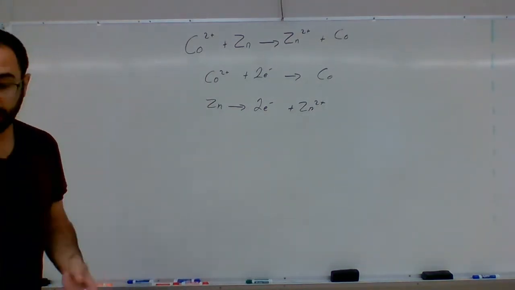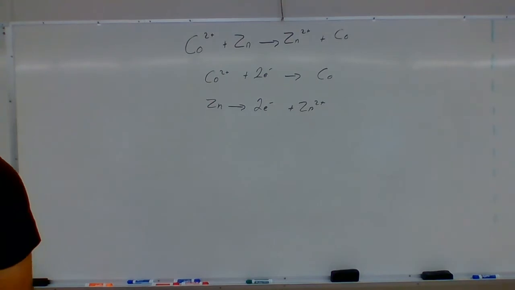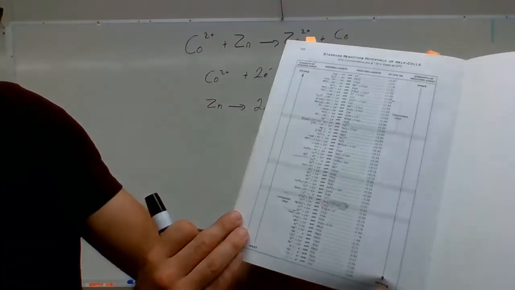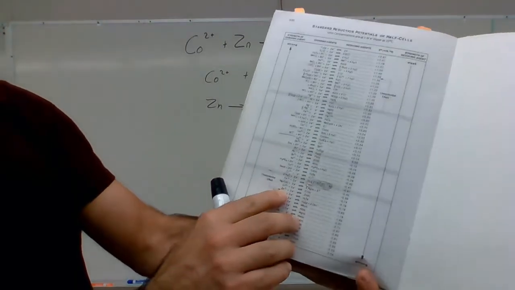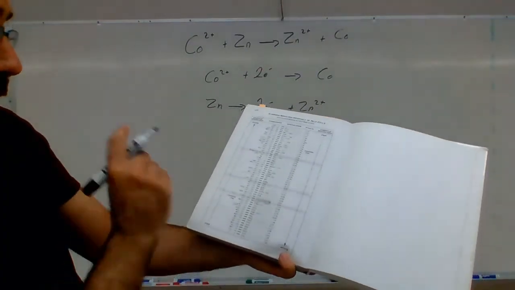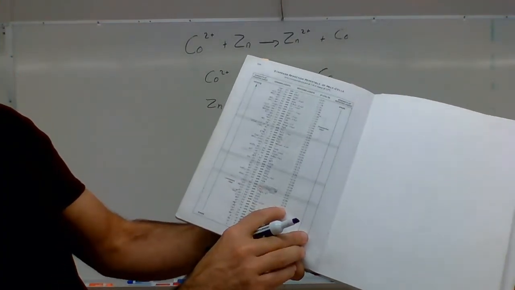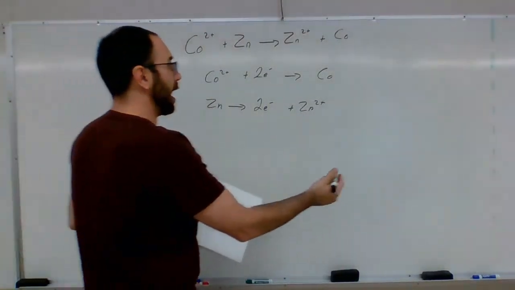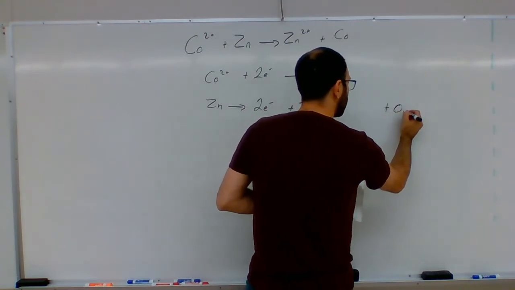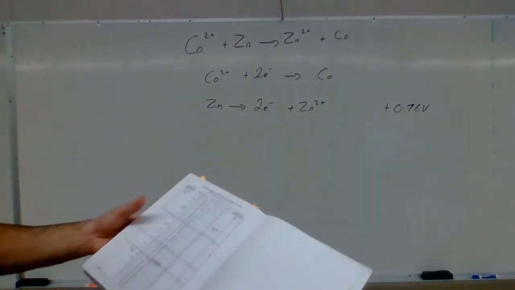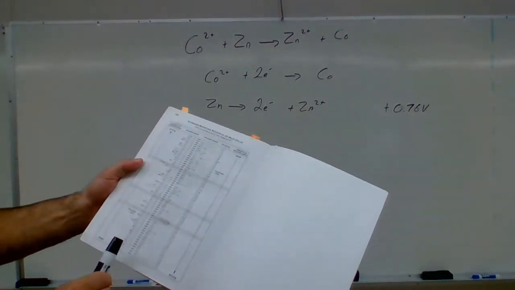Now, I want to find these two elements on my chart here. So down here, I've got my zinc 2 plus plus 2 electrons goes to zinc, and that has a negative 0.76. However, I've got the reverse reaction, so this is actually going to give me a positive 0.76 volts. I need to find my cobalt on here, and right above here we have our cobalt, plus 2 electrons gives us the cobalt metal.